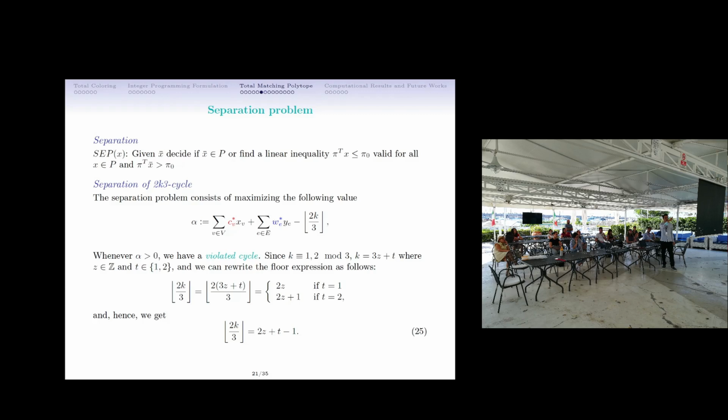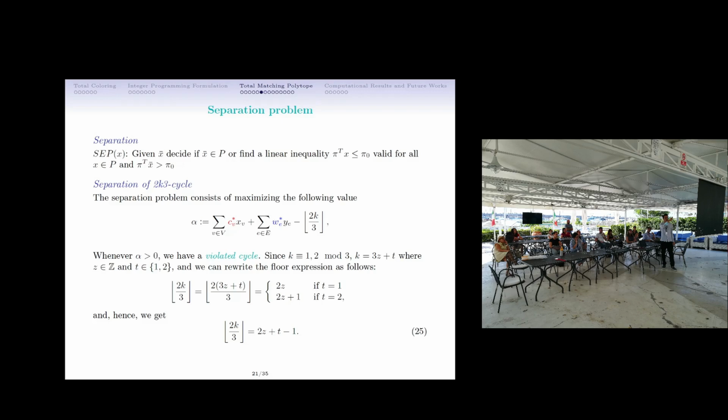Since we want to find the most violated 2K3 cycle, we want to maximize the difference between the left-hand side and the right-hand side that is written in that form. Whenever the alpha part is greater than 0, then we have found a violated 2K3 cycle.